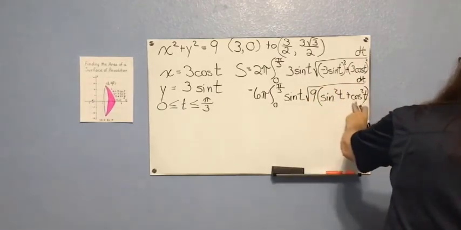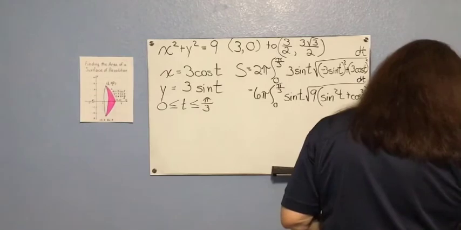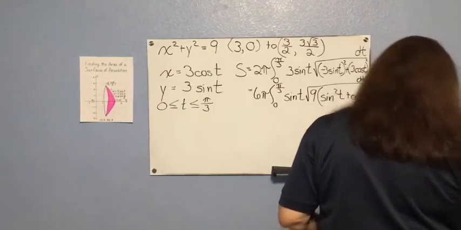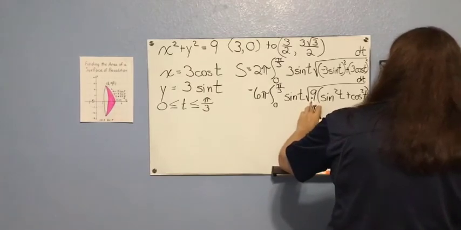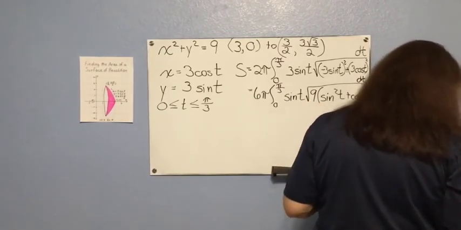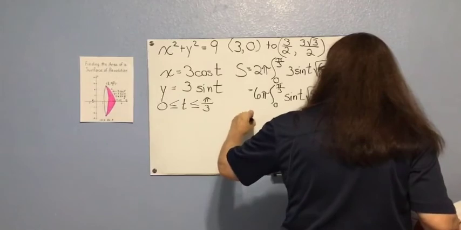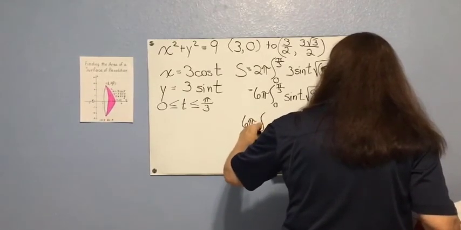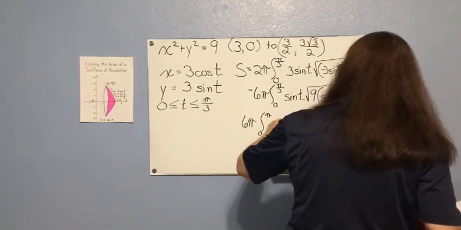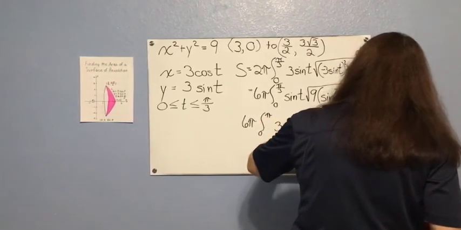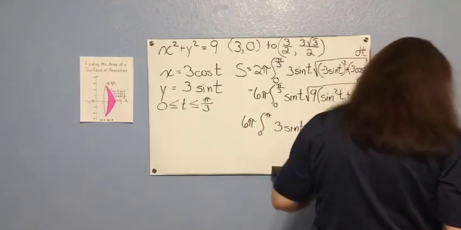Okay, we know that sine squared plus cosine squared equals 1. So all that's really left inside here is this 9, and square root of 9 is 3. So now I have 6 pi times the integral of 3 sine t dt.